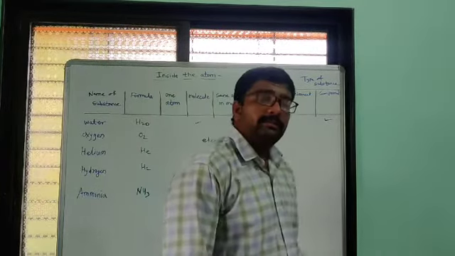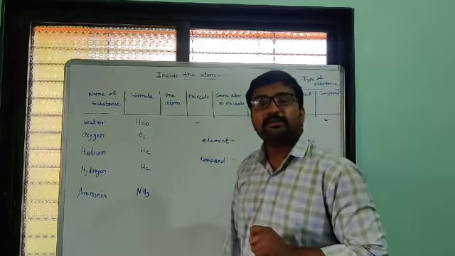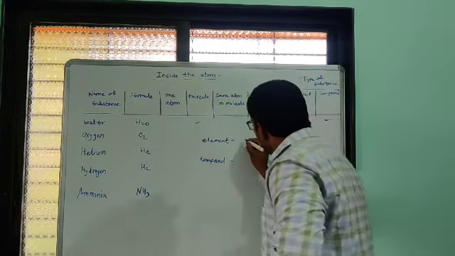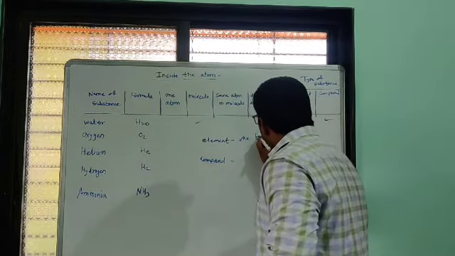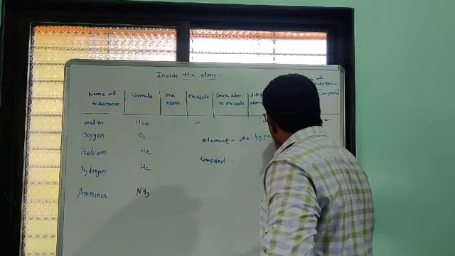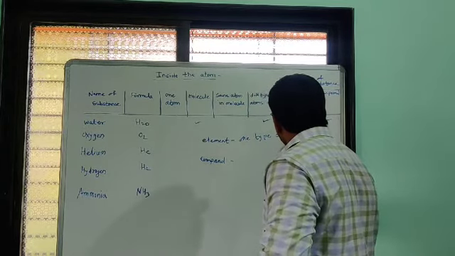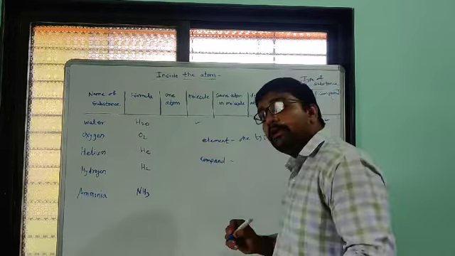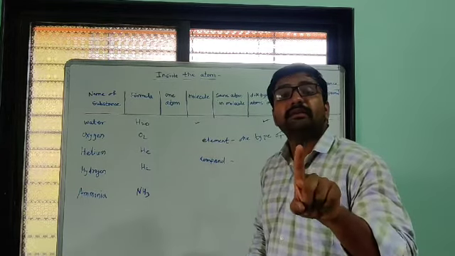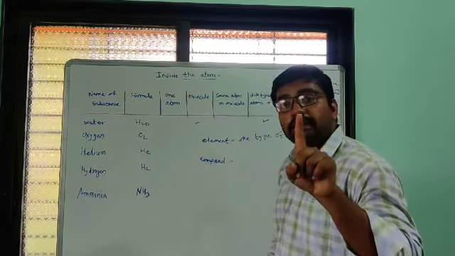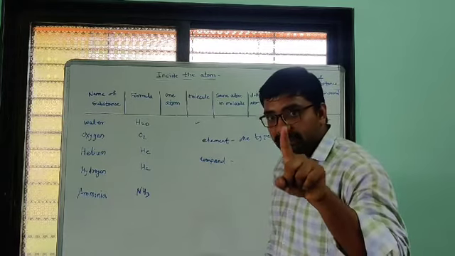You have to remember that elements are substances in which only one type of atom is present. Only one type of atom is present in an element. You have to remember that.